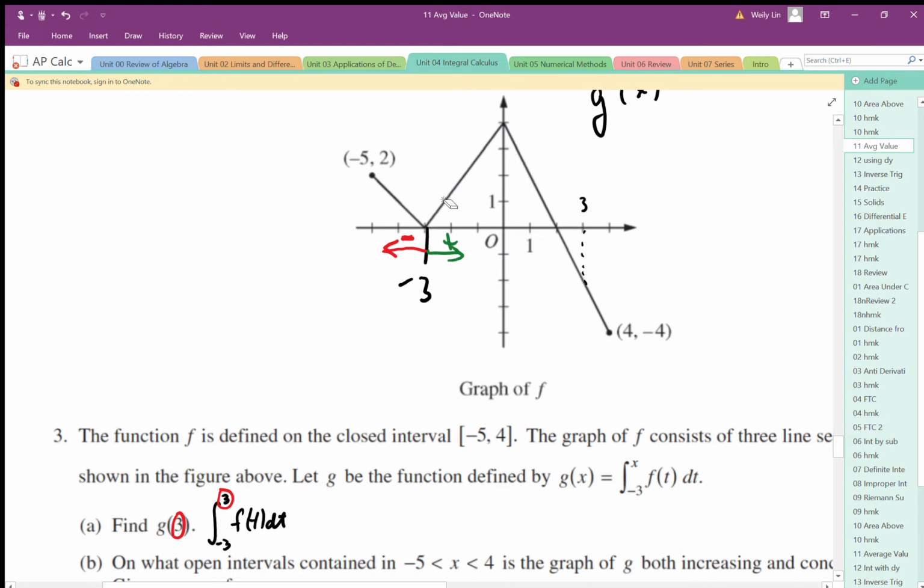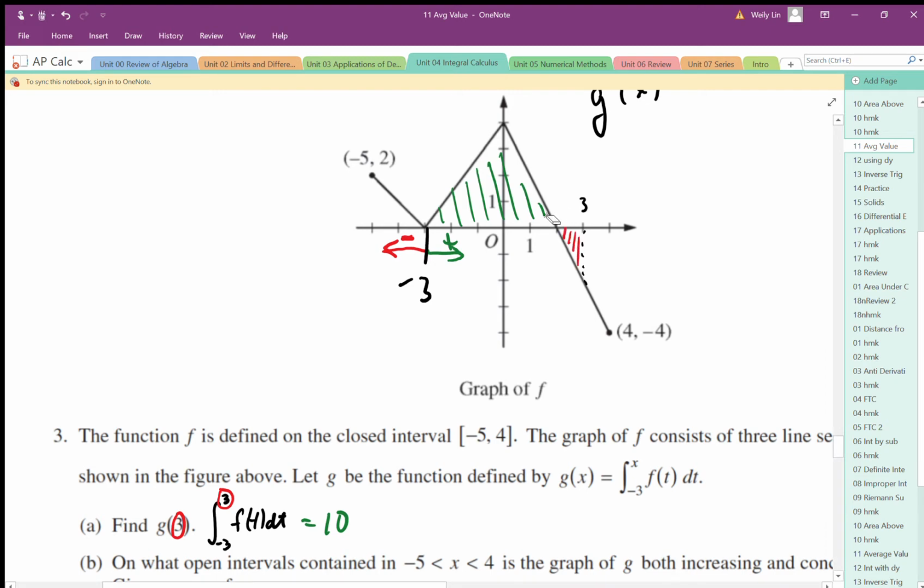So from -3 going to the right, this area in here is going to be positive displacement. It's 1, 2, 3, 4, 5 wide and looks like 4 high, so it looks like an area of 10. Then I'm going to be going backwards, so this is a negative displacement.